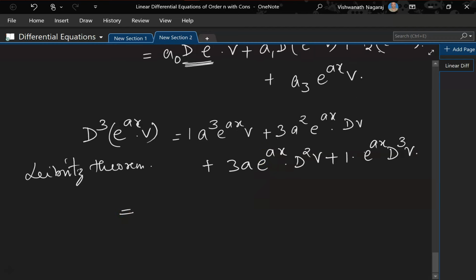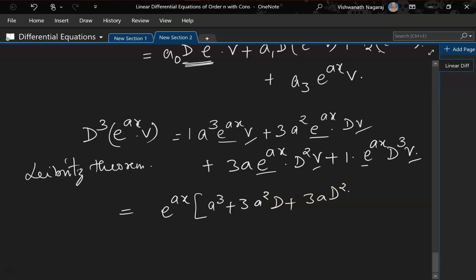Now e^(ax) is common, and similarly V is common, so let's take it out: e^(ax) times a cubed plus 3a squared D plus 3a D squared plus D cubed, applied to V.